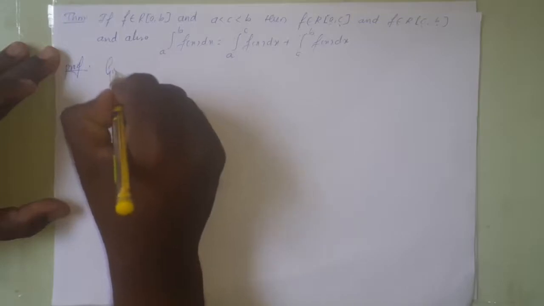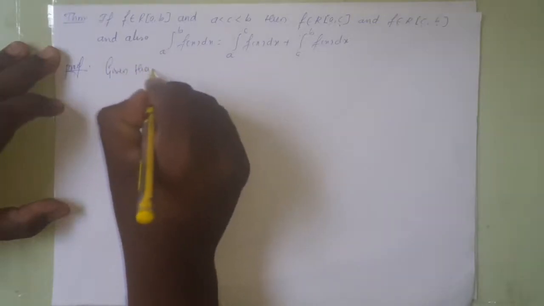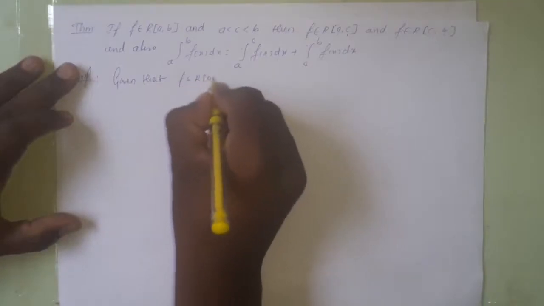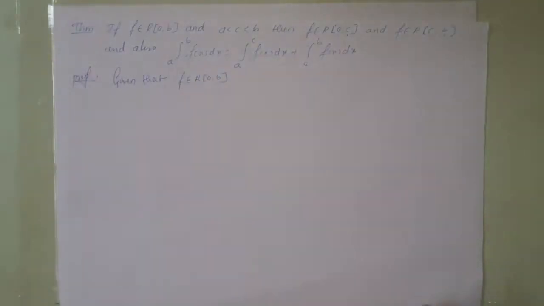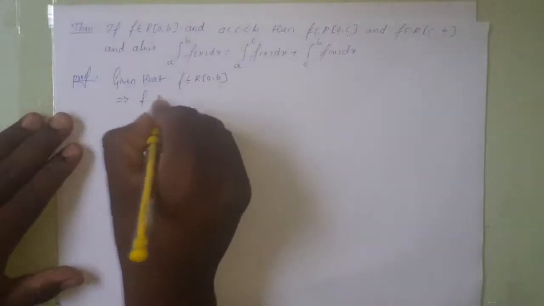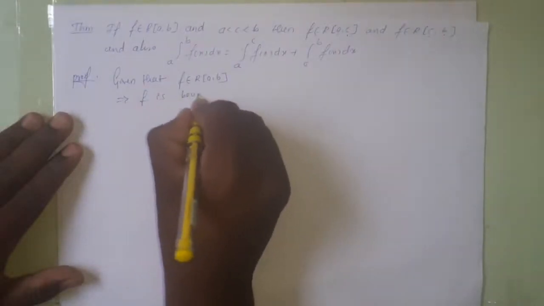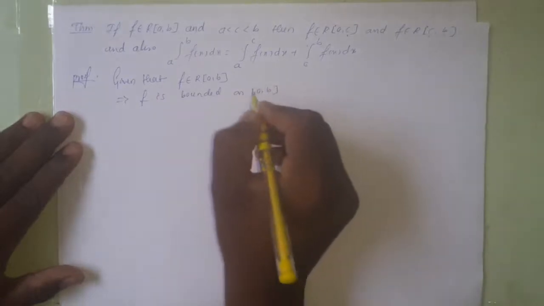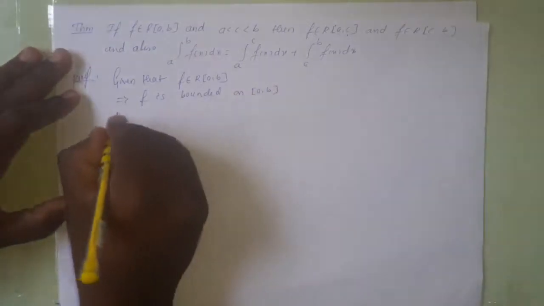So given that f belongs to R of closed interval [a, b], meaning f is Riemann integrable on the closed interval [a, b]. If f is Riemann integrable, then we can say that f is a bounded function. Therefore it implies that f is bounded on the closed interval [a, b].